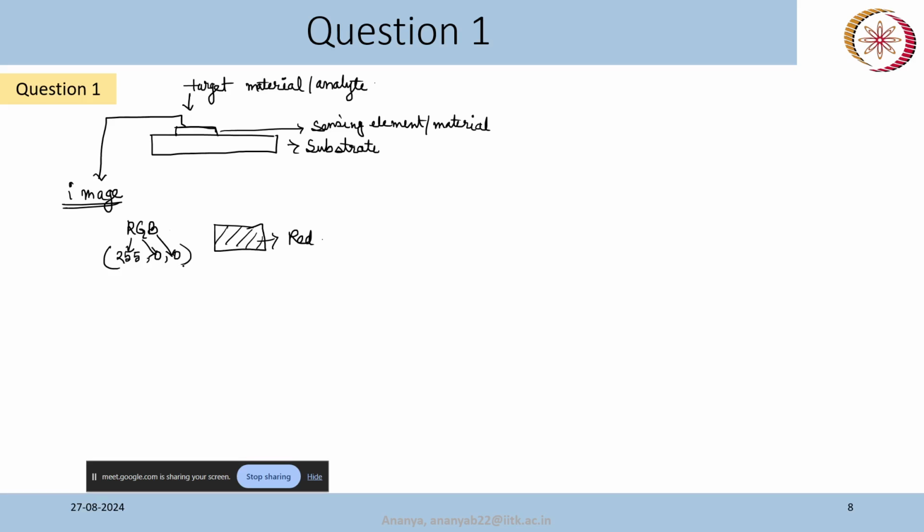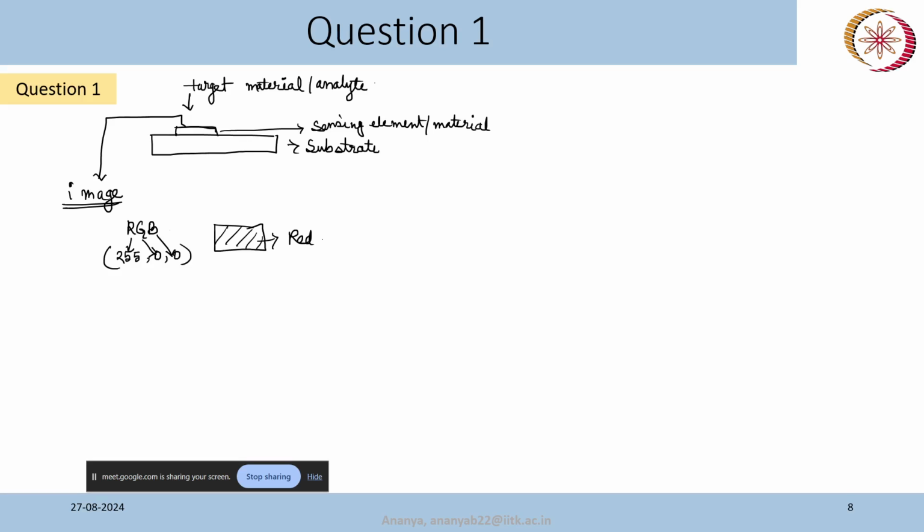Now there are two types of detection: qualitative detection and quantitative detection. What it means is that suppose you want to know whether the target material is present or not. It is a yes or no question.